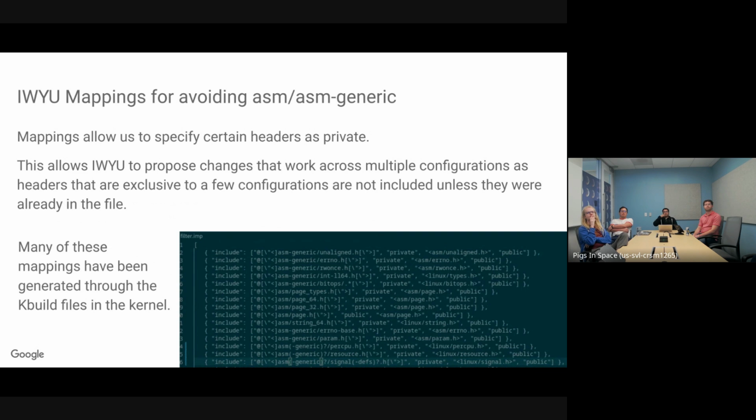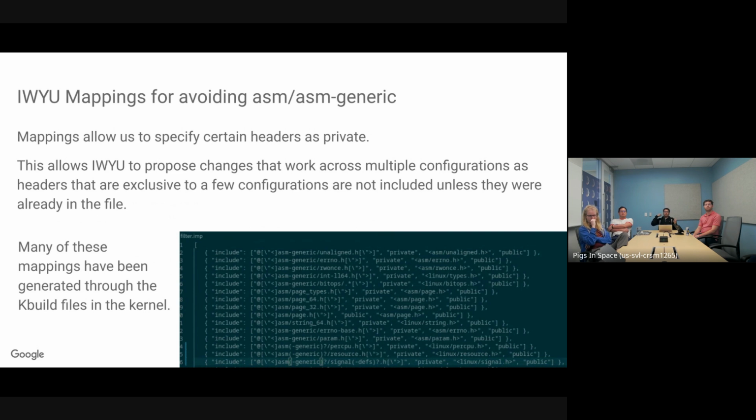So now include what you use mappings. Mappings allow us to sort of say, hey, if you see this header, do not use it. Use this other header instead. And this allows us to say, if you see asm-generic, do not use the asm-generic, use the asm version instead, or use the Linux version instead.